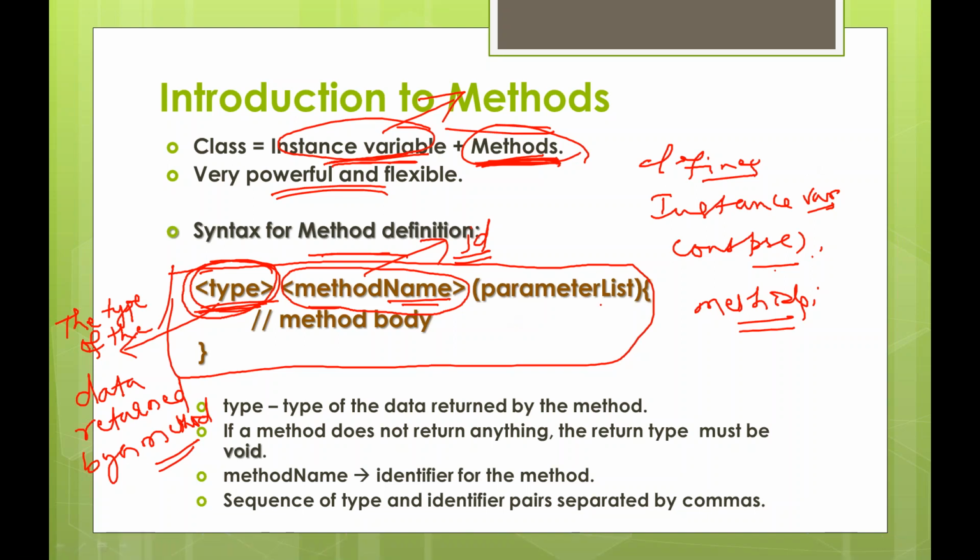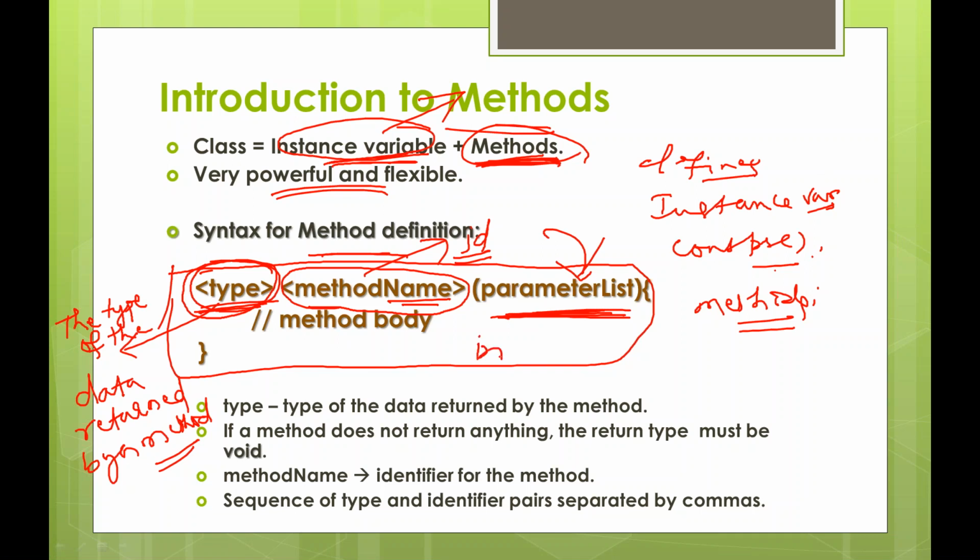And then here we specify the parameter list. A parameter is nothing but some information you want to pass to a particular method so that the method can operate on that information or data, and then return some value to whoever is calling that method. What is this parameter list?